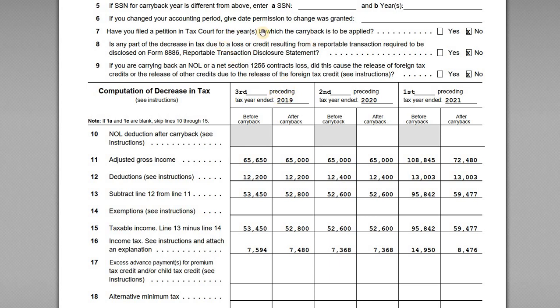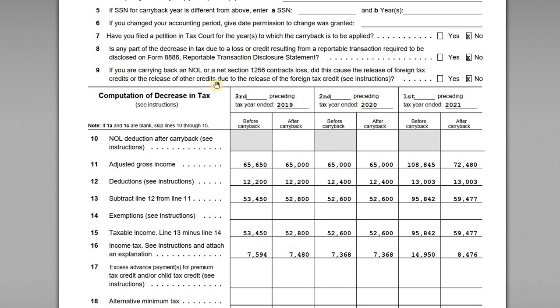So, we haven't filed any petitions in tax court. We don't have any decrease in tax because of reportable transactions. And in question 9, we are carrying back a 1256 loss, but we don't have any foreign tax credit issues, right? So we don't have any foreign tax credits, so we don't have any release of foreign tax credits or other credits. So in our case, just answer no.